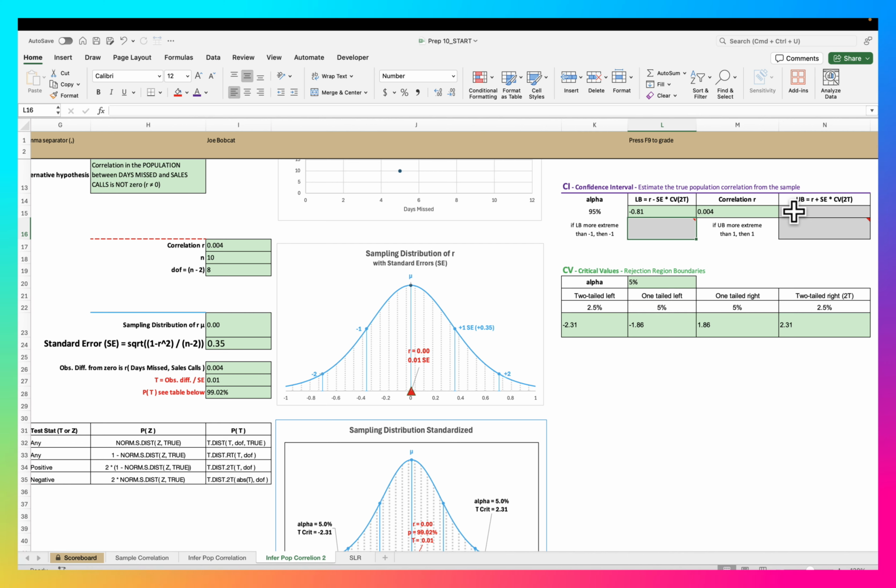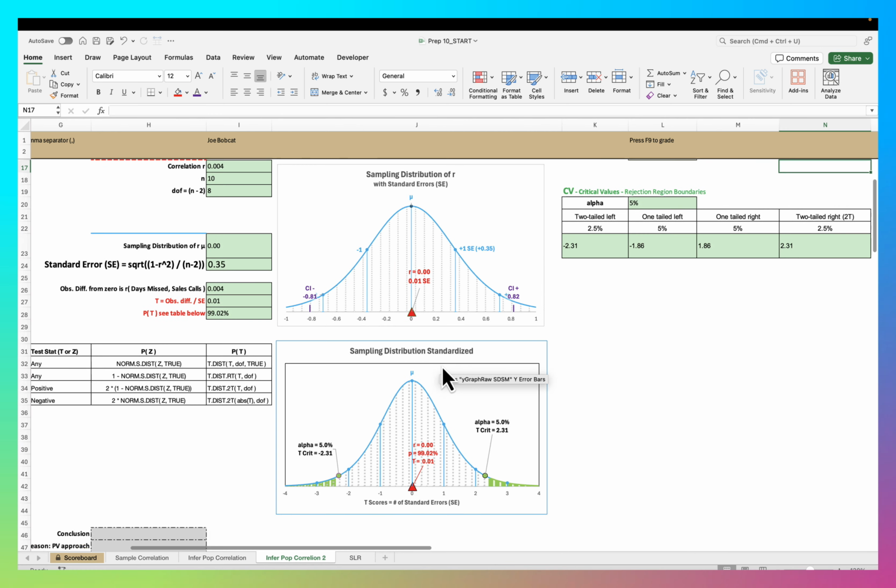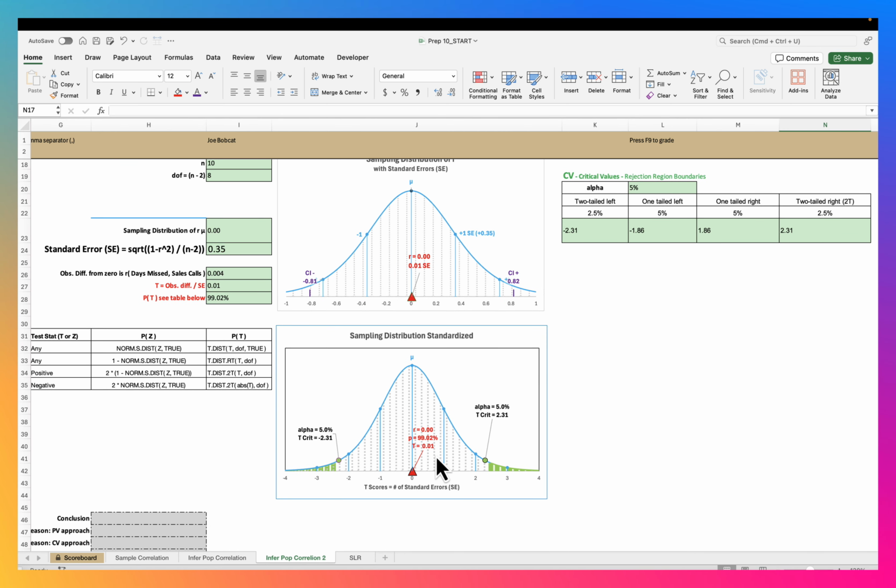All right, and then for the upper bound, take that number and add to it the standard error times the two-tailed right. And since both of those are within the -1 to 1 range, we can just reference them. Here we don't have to redo any of them and actually make it 1 or -1. All right, so huge confidence interval, which includes mu 0, mu null, or the null hypothesis. So no way this is a reject.